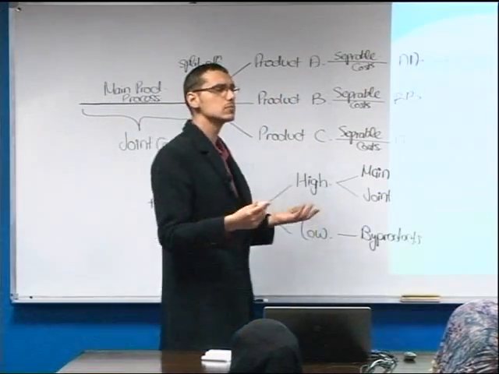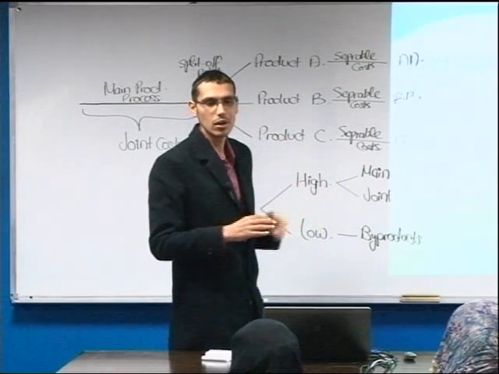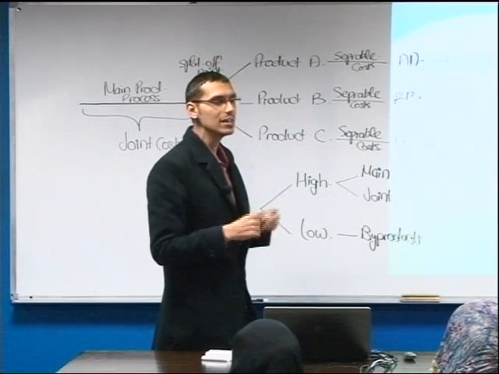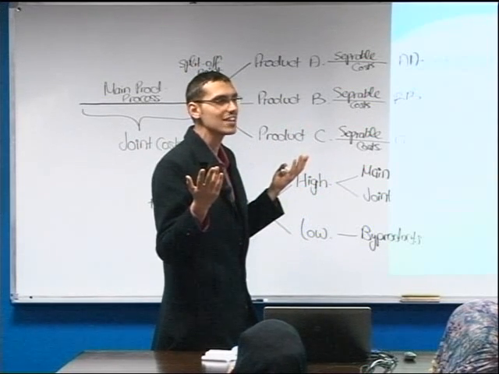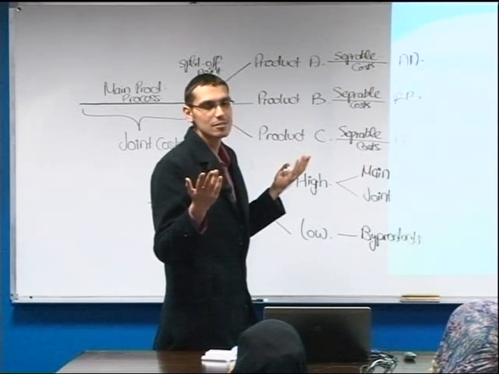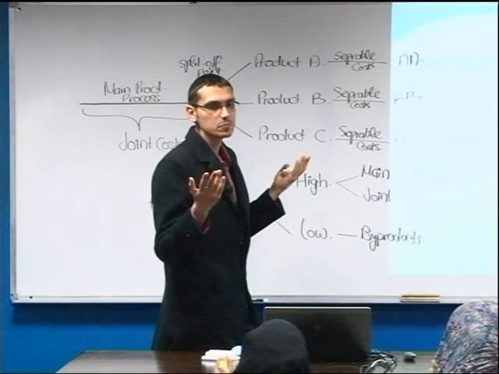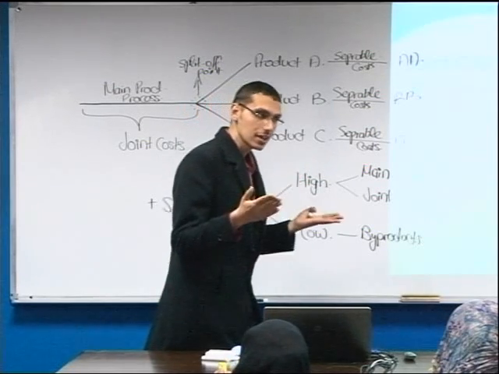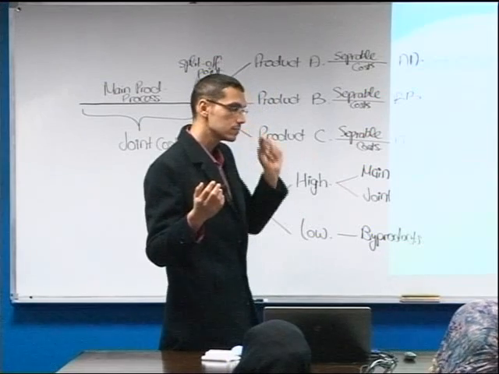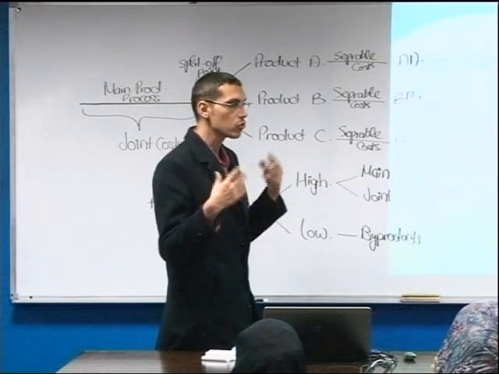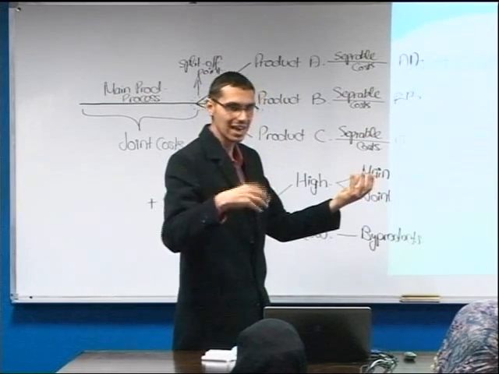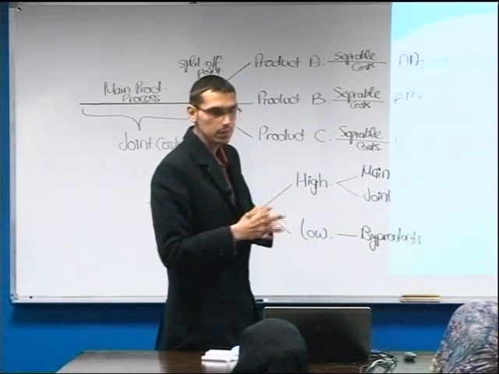What else? You as accountants now, do we need this information in order to produce our financial reports? We took in Cost Accounting 1 that cost accounting as a system provides information to financial accounting and management accounting, correct?